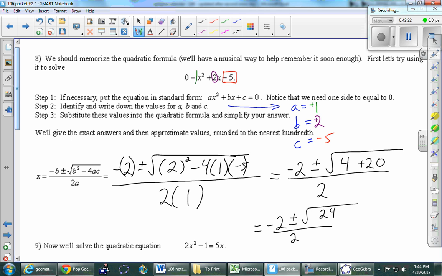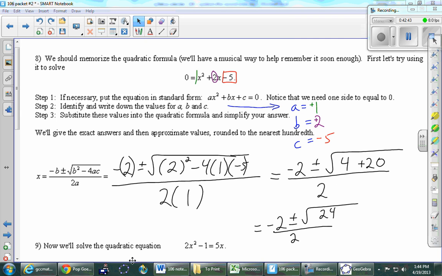Yeah. We're going to need to divide both parts on top by 2. That 2 on the bottom is underneath the 24, the decimal that you're talking about, but it's also under the -2. So we do have to be careful about that. Yeah, that's what we're going to do.